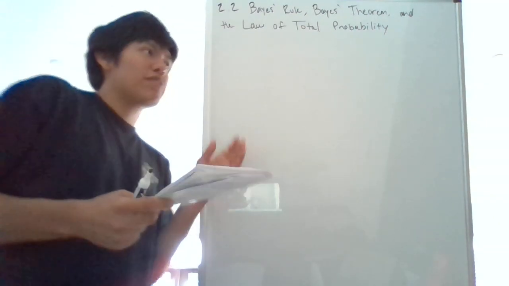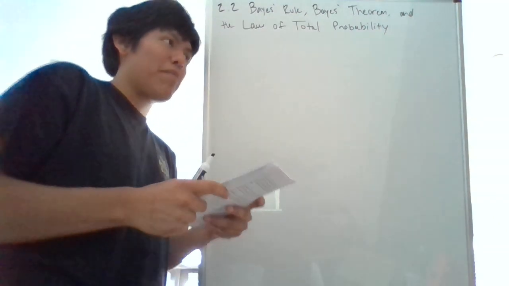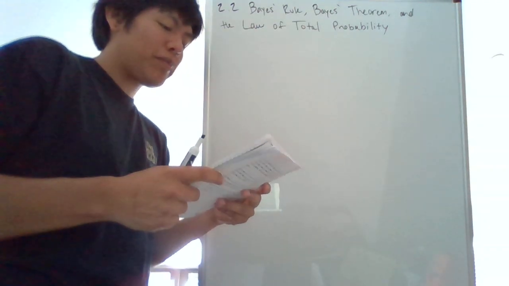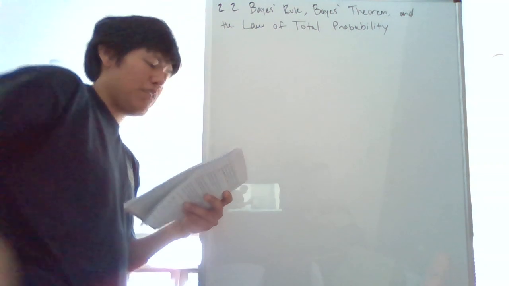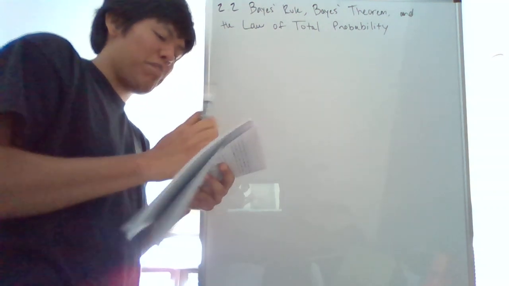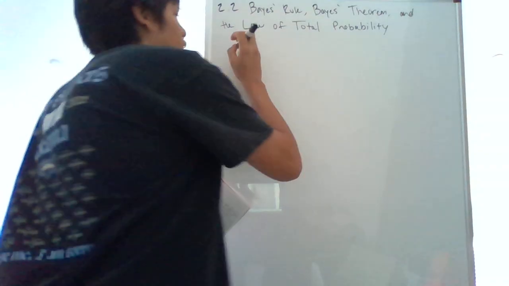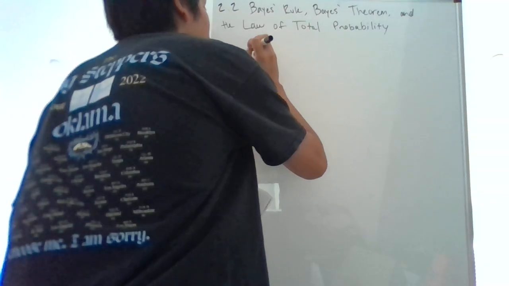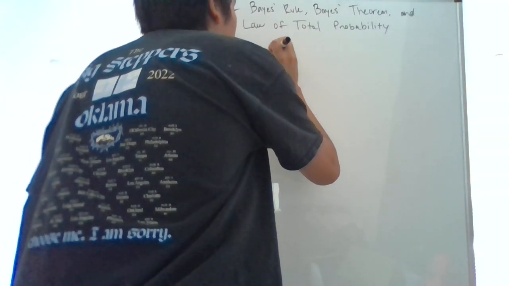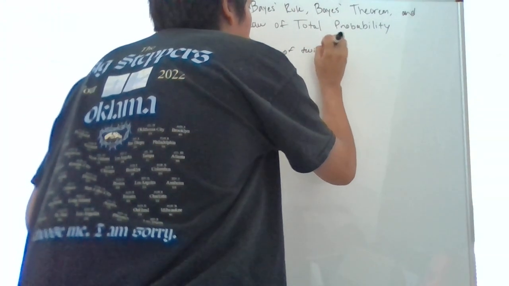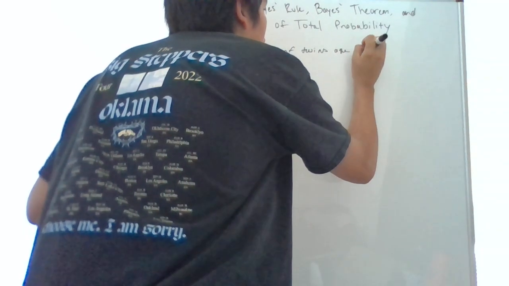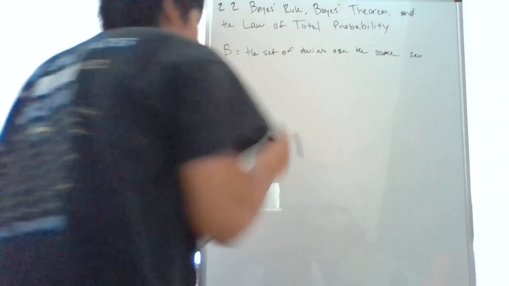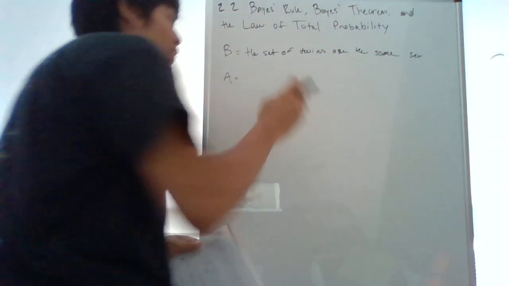Okay, so I'll solve this one a little differently. This is another method we can use, and it's in chart form, so I'll show you. But for this instance, let's say that B is the event where the set of twins are the same sex, and A is the event that the set are identical.